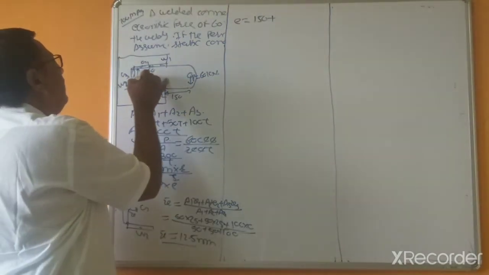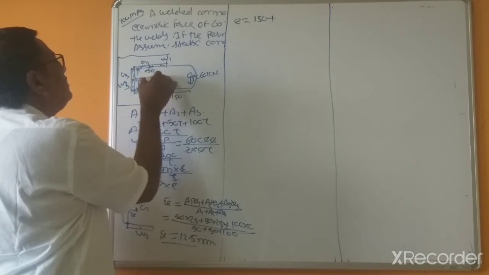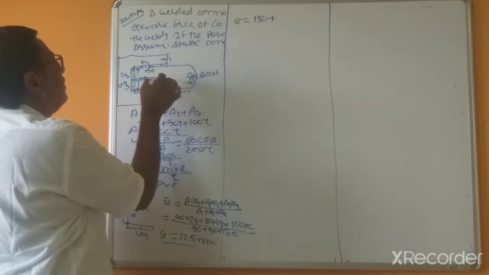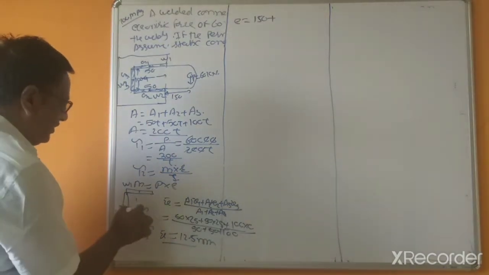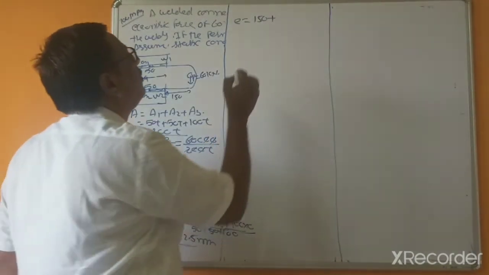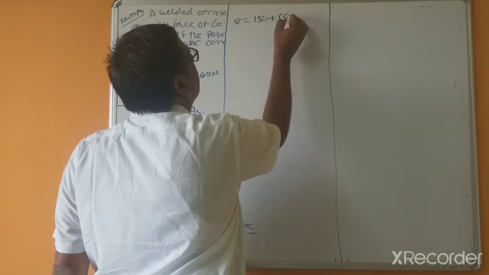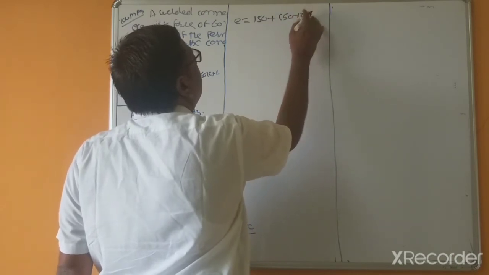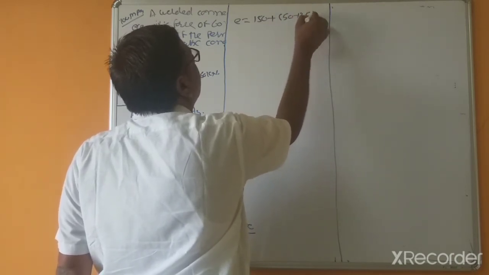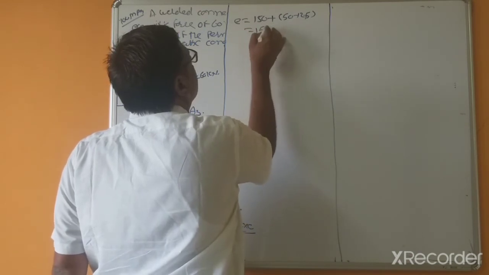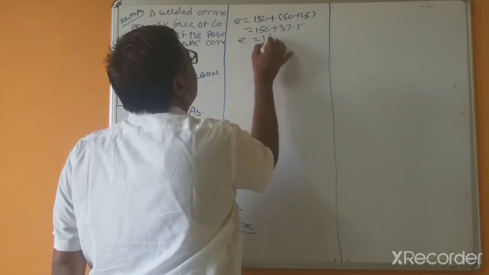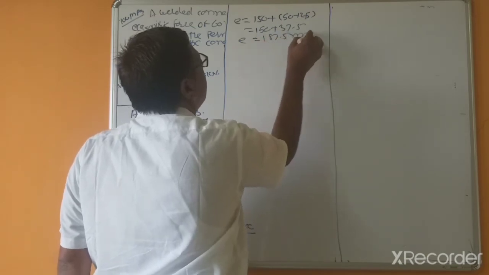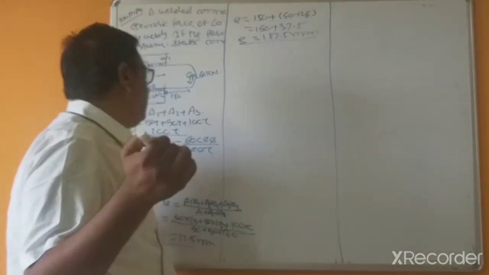Now the center of gravity, and this distance equal to how much? 37.5. This distance, so that's why 50 minus 12.5, 37.5. So 187.5 mm is e.